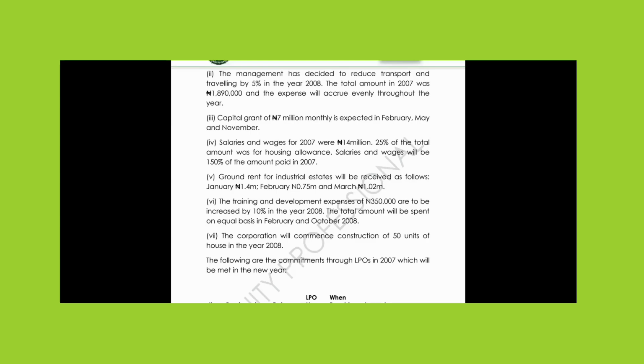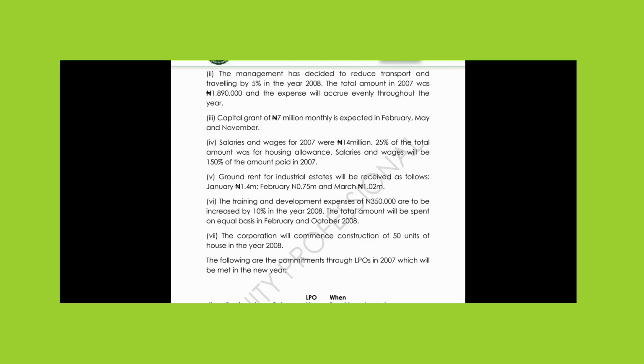Do you understand? When they now say salary for 2008 is going to be 150% of 2007, so 150% of 14 million is what you're supposed to do. But in another way around, what I said, 25% of 14 million. What is 25% of 14 million?